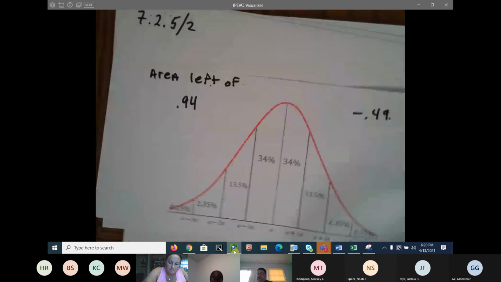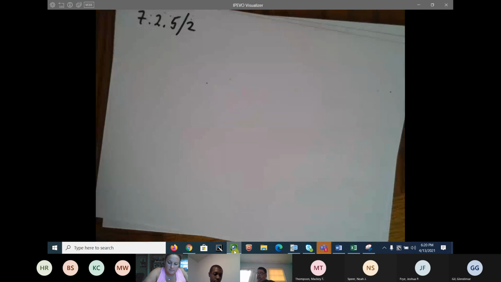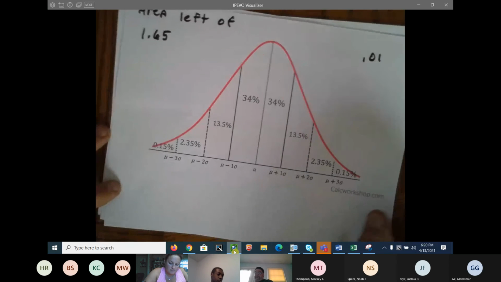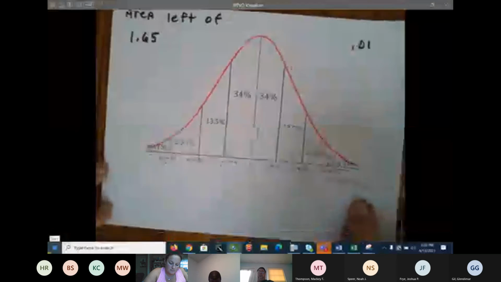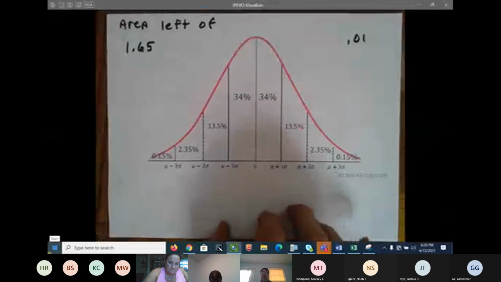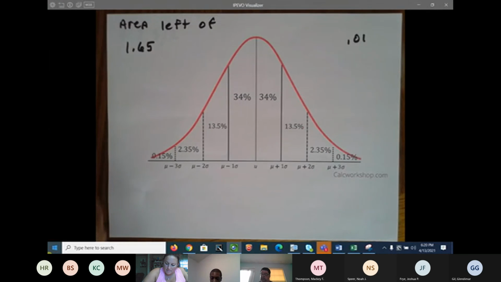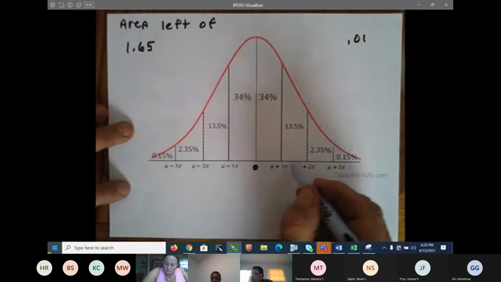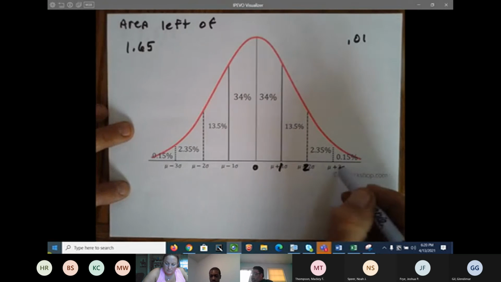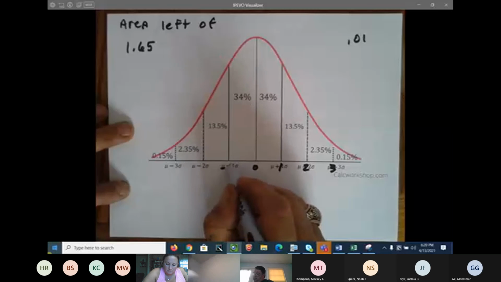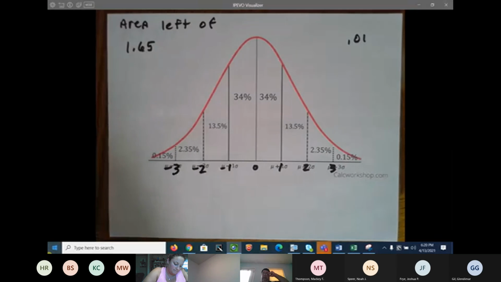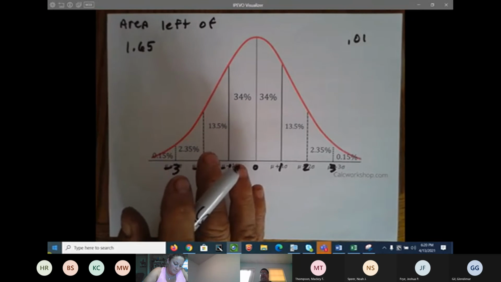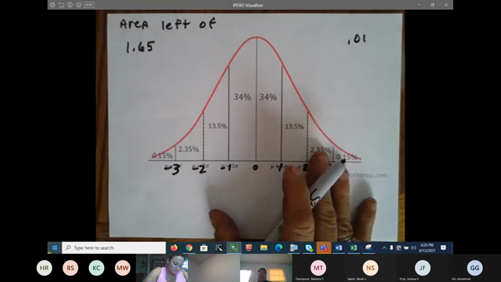All right, here is my first drawing. There it is. And there's A and B. And where is 1.65? First of all, I got to put 0, 1, 2, 3, -1, -2, -3. All right, 1.65 is a little bit more than 1.5.